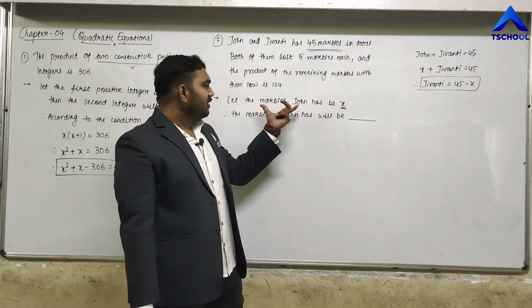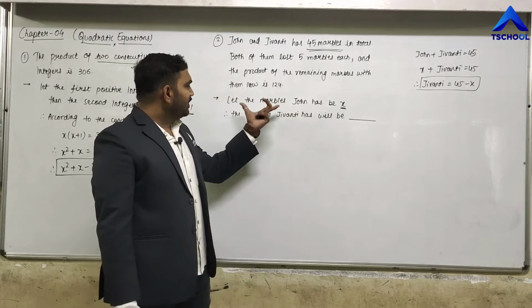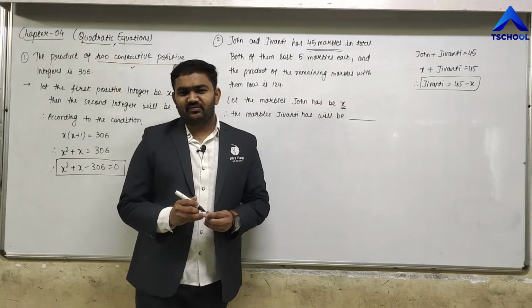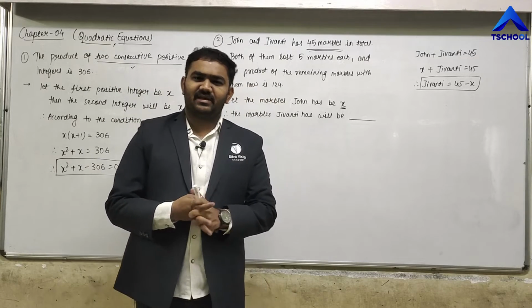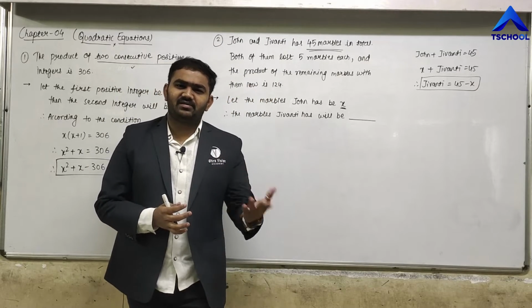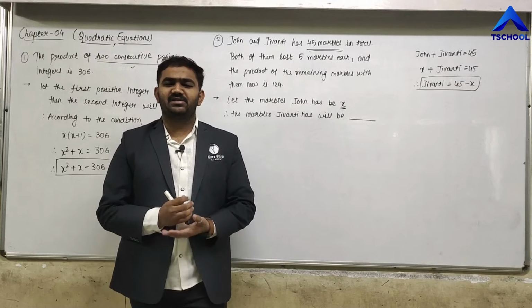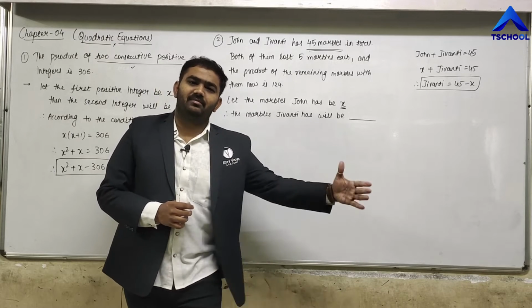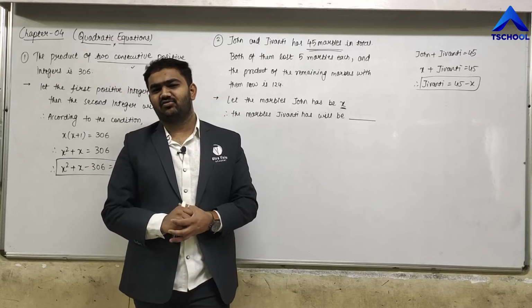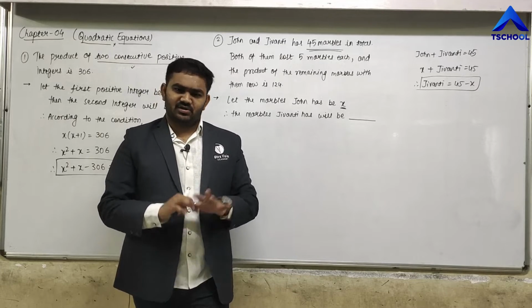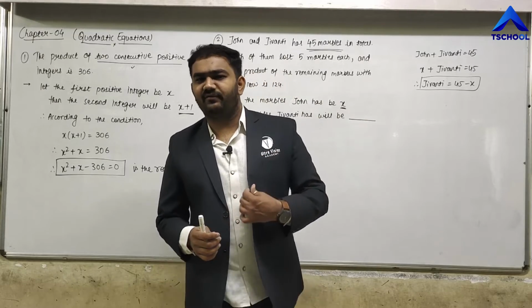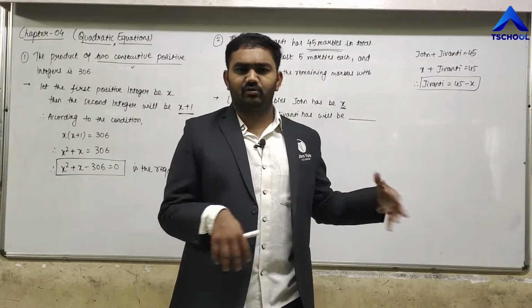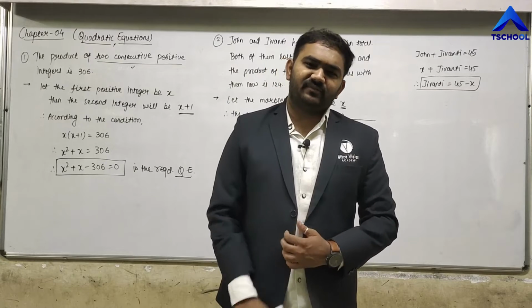In this case, the marbles that John has is x. We have assumed that the number of marbles John has is x. So the number of marbles Jivanti has will be the total minus the number of marbles John has. Yes or no? Suppose we are two friends having a total of 50 rupees, both of us.